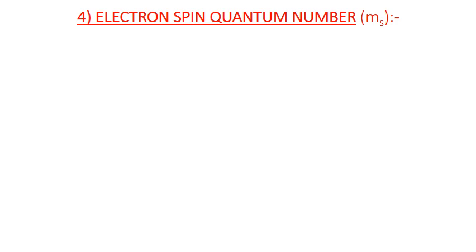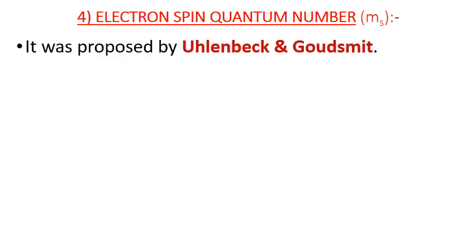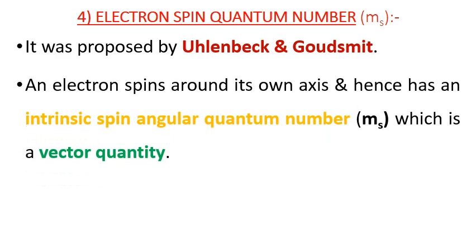Let us know about the fourth quantum number, that is the electron spin quantum number, which is denoted by ms. It was proposed by Uhlenbeck and Goudsmit. An electron spins around its own axis and hence has an intrinsic spin angular quantum number, that is ms, which is a vector quantity. That means it has both direction and magnitude.